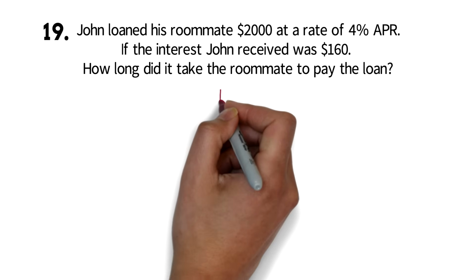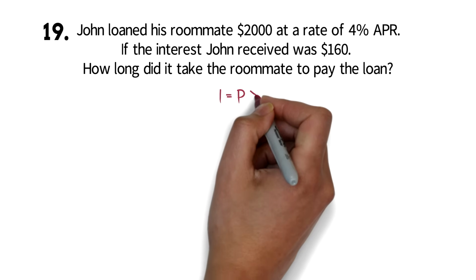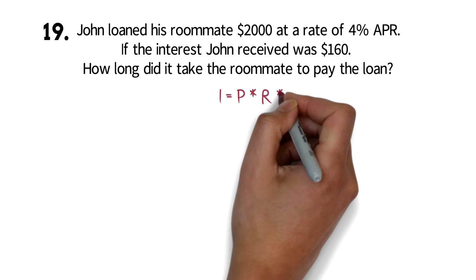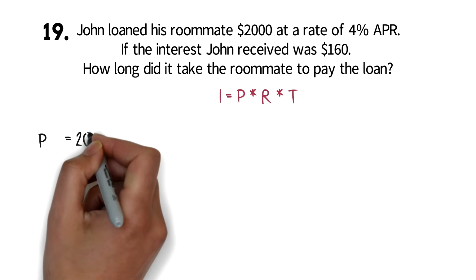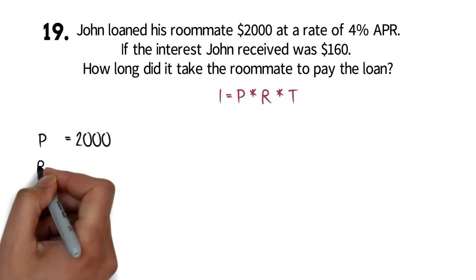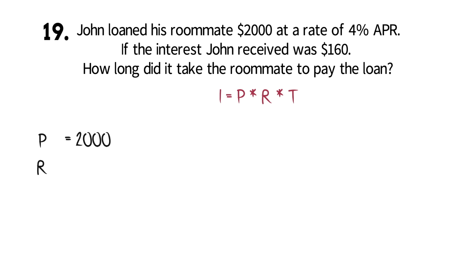The formula for finding simple interest is the principal times the rate times the time. Here, the principal, which is the amount the roommate took, is $2,000. The rate is 4%. We can convert it to decimals as 0.04. We just did 4 over 100.